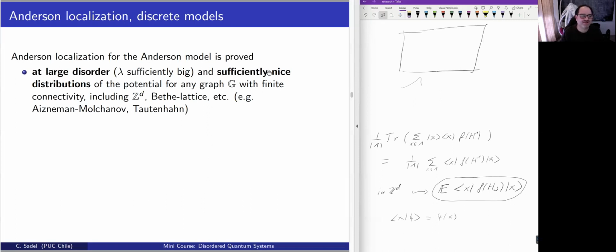And there's some general method by Aizenman-Molchanov, I'm sorry for this typo. It's called the fractional moment method. And I'm mentioning Tautenhahn here because there's a paper where he basically looks at what's the most general type of graph where this still works.